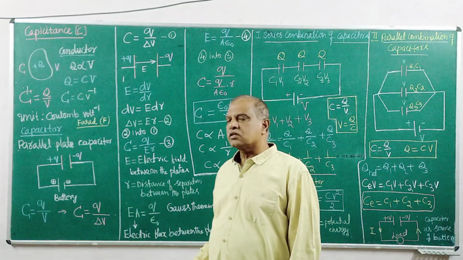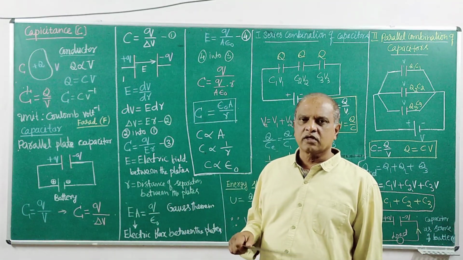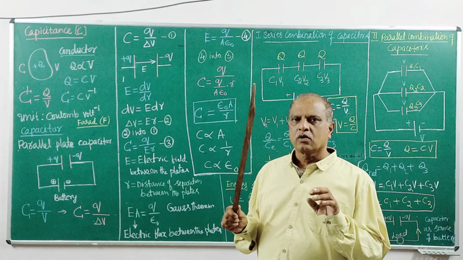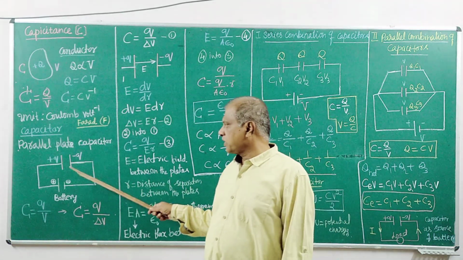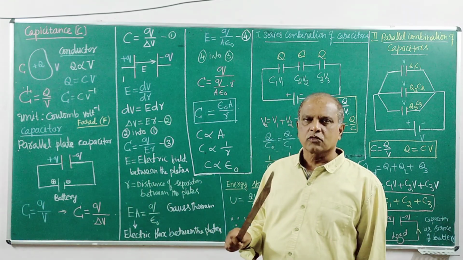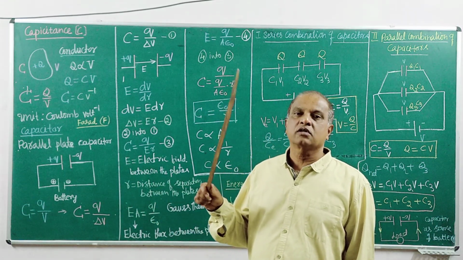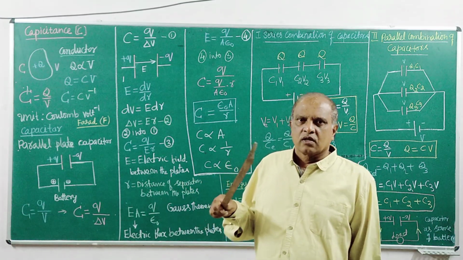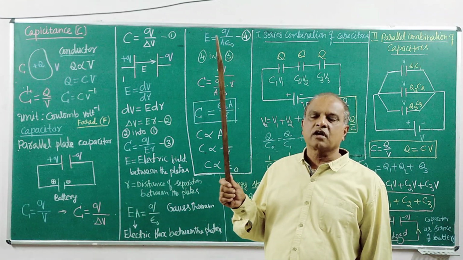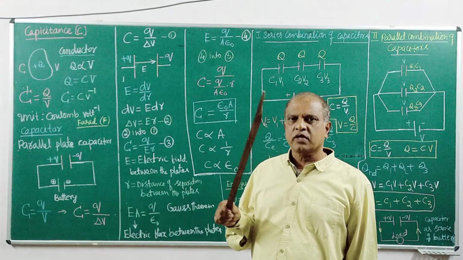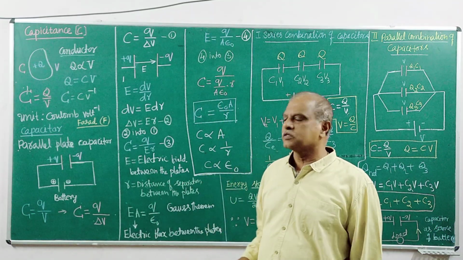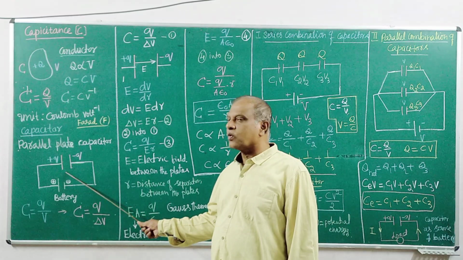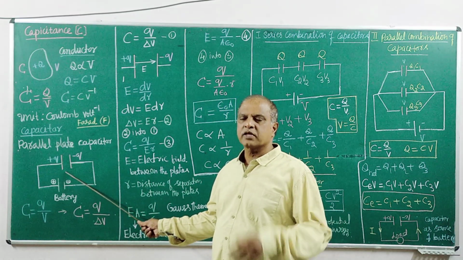The charges keep increasing up to a limit. If the accumulation of charges goes beyond that limit, the insulating property of the atmospheric air breaks down and it becomes a conductor.